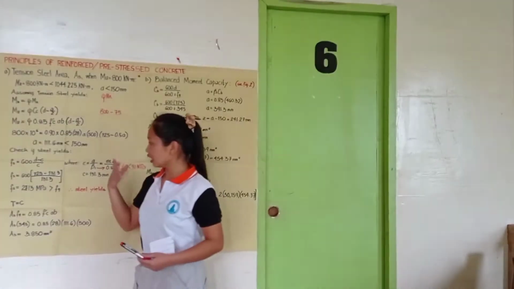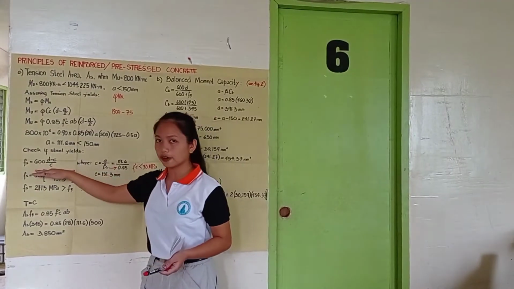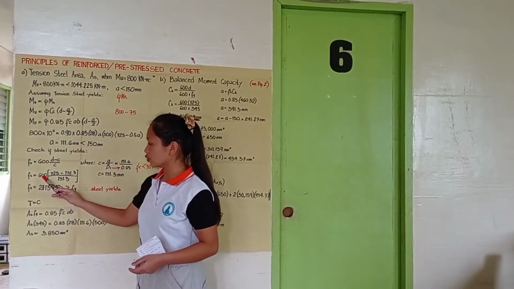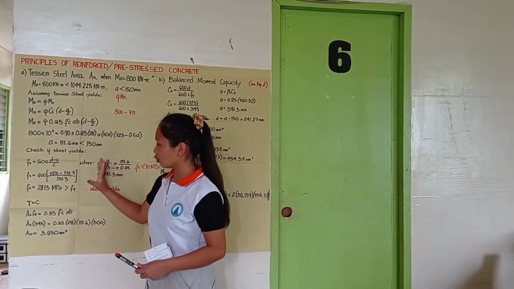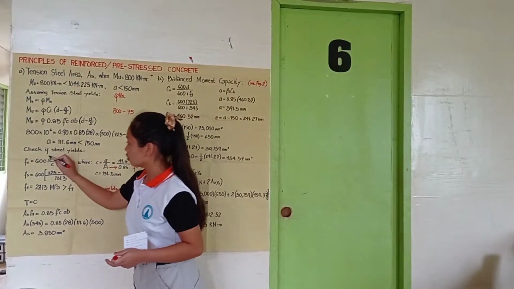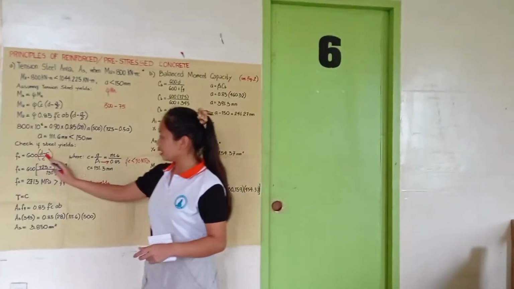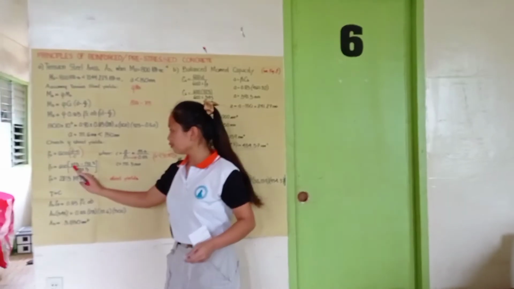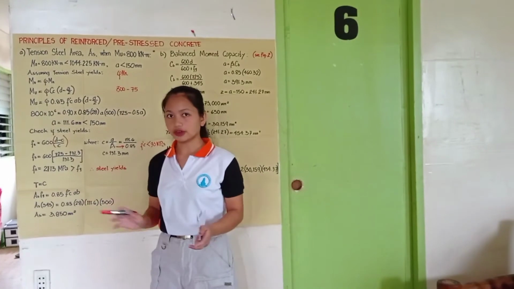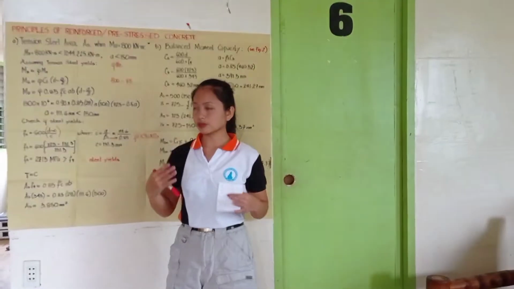So moving on, let us substitute all the values for D and C in our formula. Fs is equal to 600 times the quantity. For D, we have 725. Our D is the effective depth of our beam, so it has the value of 725, as I've explained to you.